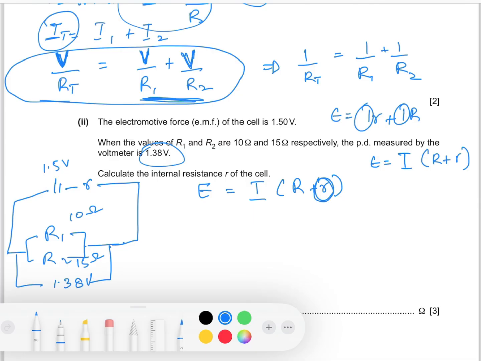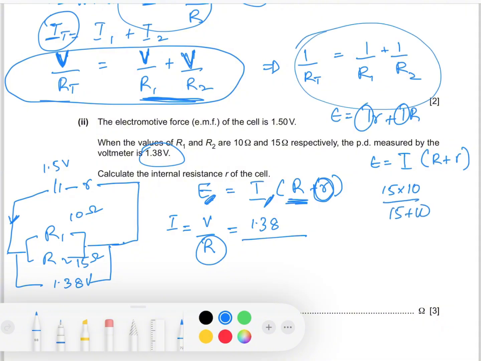That means you will need to know the total resistance of the resistors in parallel as well as the EMF value as well as the current in the circuit. What is the current in the circuit? It is the total current, which means I is equal to V by R. To find this total current, you can consider the circuit where the potential difference is the terminal potential difference, and that's 1.38 volt divided by the total resistance of parallel resistors, and this will be 15 into 10 divided by 15 plus 10, or you could just use the formula from the previous part.